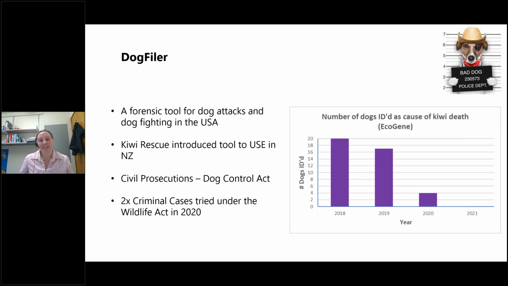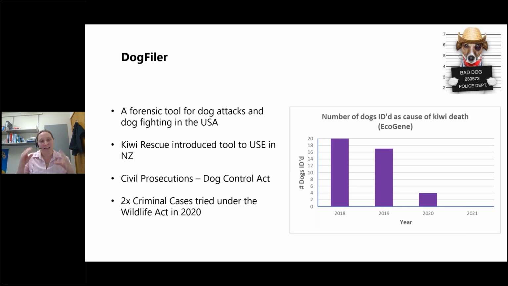The other thing is that just because you find dog DNA on a kiwi, it doesn't necessarily mean that that dog killed that kiwi. One way that we increase our sensitivity and specificity around this is by swabbing the actual bite wounds and by taking multiple swabs from multiple bite wounds across different sites of the body, particularly around the areas of the neck and things where the dog's going to grab on and shake.